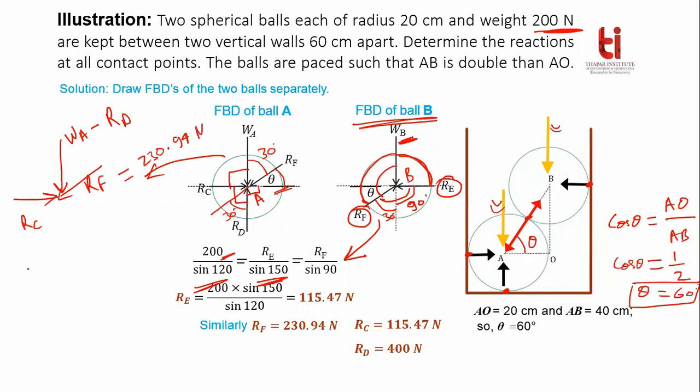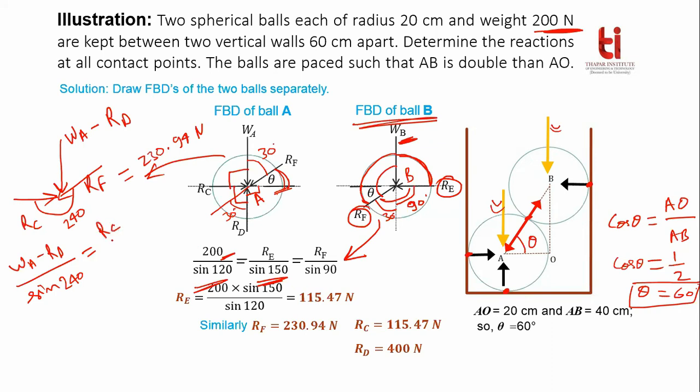So you can apply sine law like WA minus RD divided by sine of this angle. This angle is 60 degree, and this one is 180, so total angle will be 180 plus 60, that means 240. Please calculate and find out this angle.